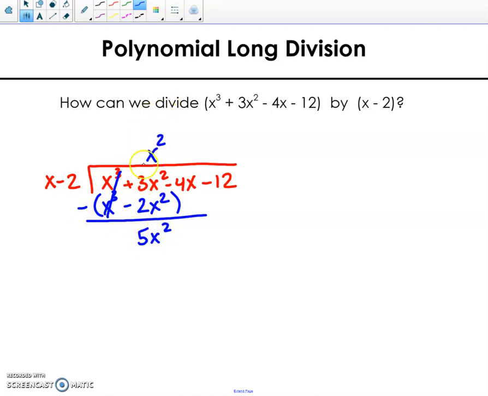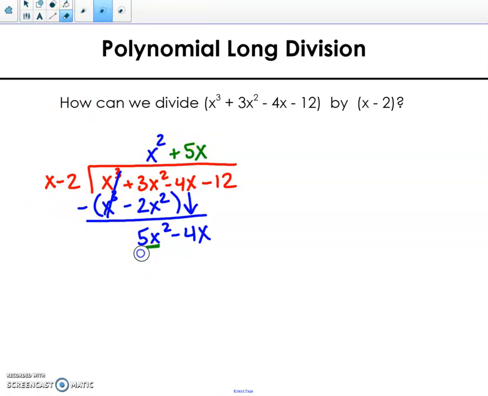The next thing we do is we want to make sure that we have the same number of terms on the bottom as we do on the outside. So there's 2 terms on the outside, there's only 1 on the bottom, so what we're going to do is bring down the next term. And then we're just going to continue the process. So we have an x, we want a 5x squared, so what times x gives us 5x squared? And that's going to be 5x.